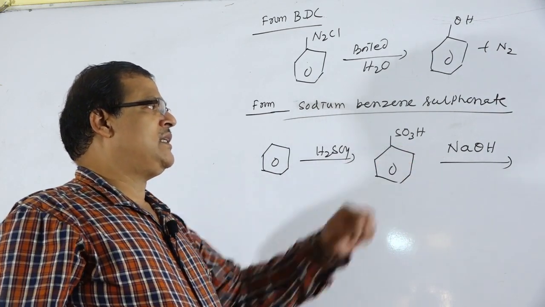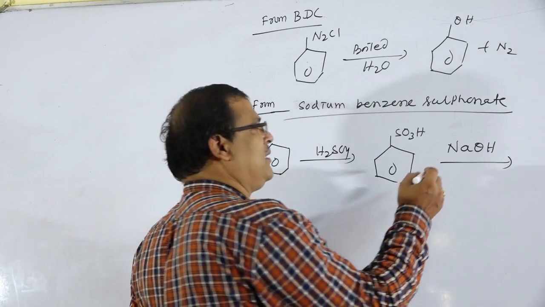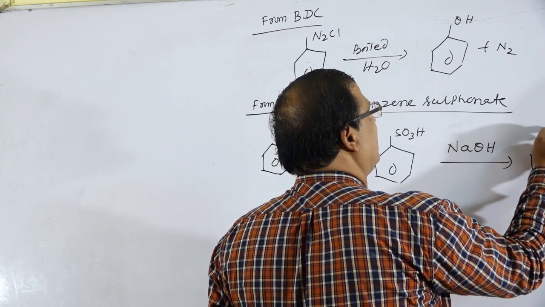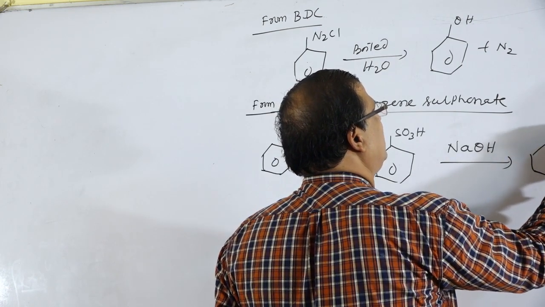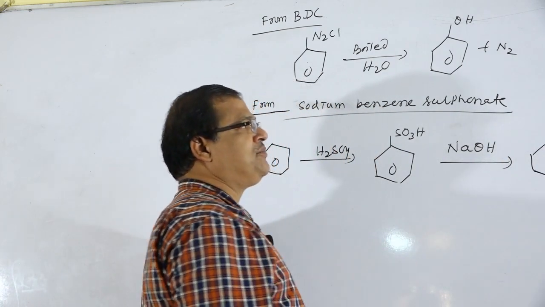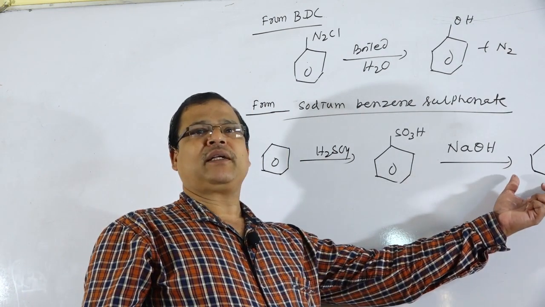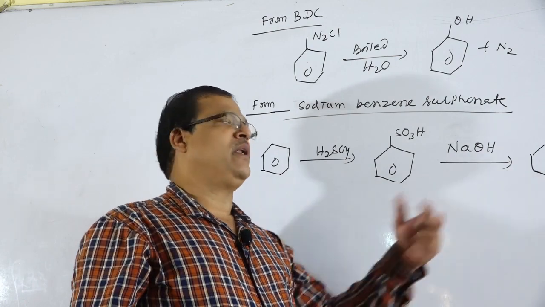Benzene sulfonic acid is treated with NaOH to give sodium benzene sulfonate. We are going to prepare phenol from this sodium benzene sulfonate.